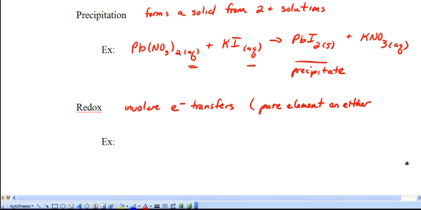If you see a pure element on either side of the equation, it's going to have to undergo some type of redox reaction. All combustion reactions will be redox reactions because they involve elemental oxygen. So if I take methane plus oxygen, boom, as soon as you see a pure element, oxygen, you know this is going to be redox. It forms carbon dioxide and water.